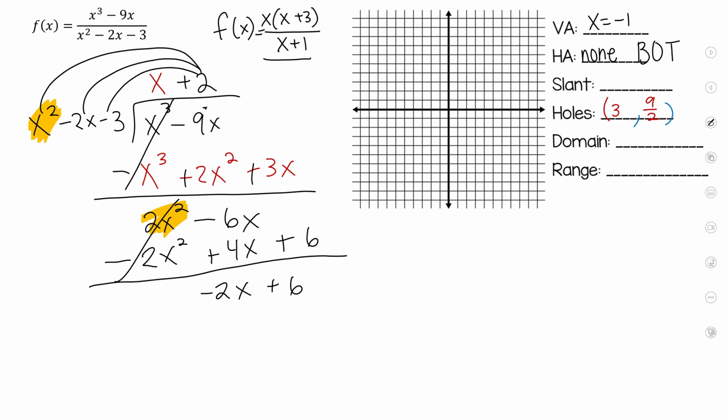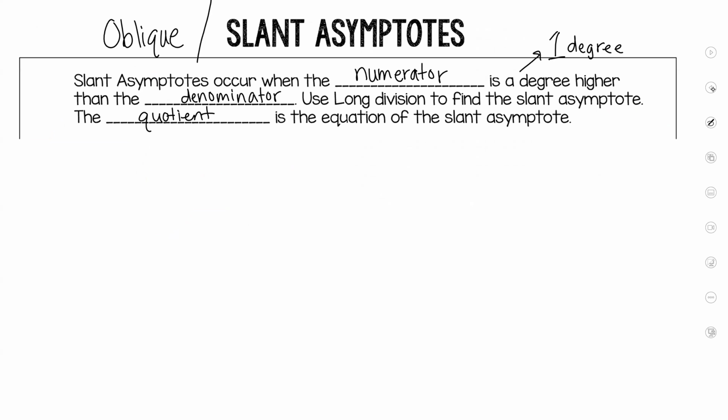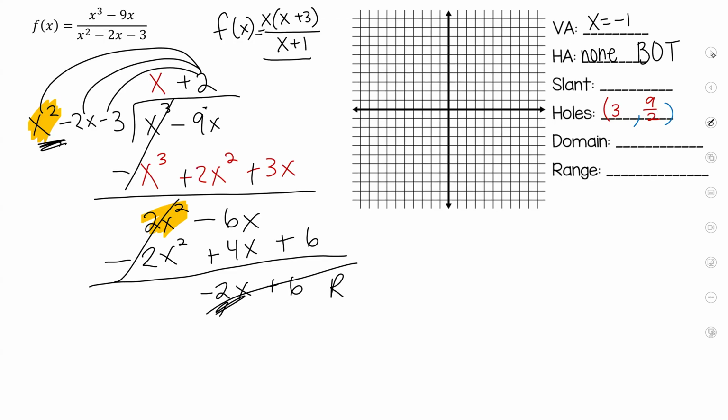Okay, can I do this part again? Okay, so this is your remainder. You don't need to worry about the remainder, because let's look back at what the note said. The quotient is the equation of the slant asymptote. You don't have to worry about the remainder.